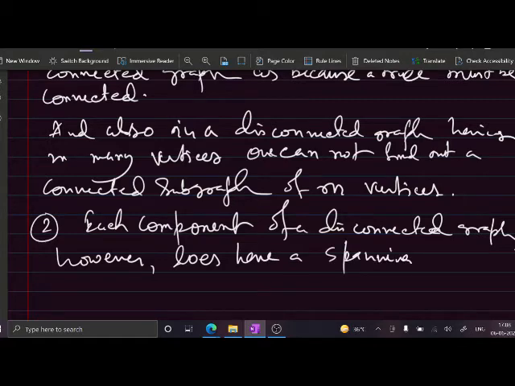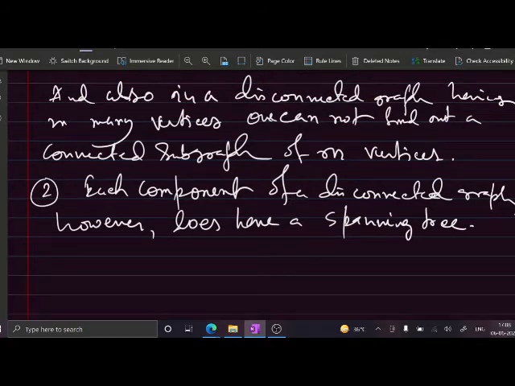Each component, right? Since components are connected, so in a disconnected graph there are many maximal connected graphs, so therefore they are called components, and each component will have a spanning tree.